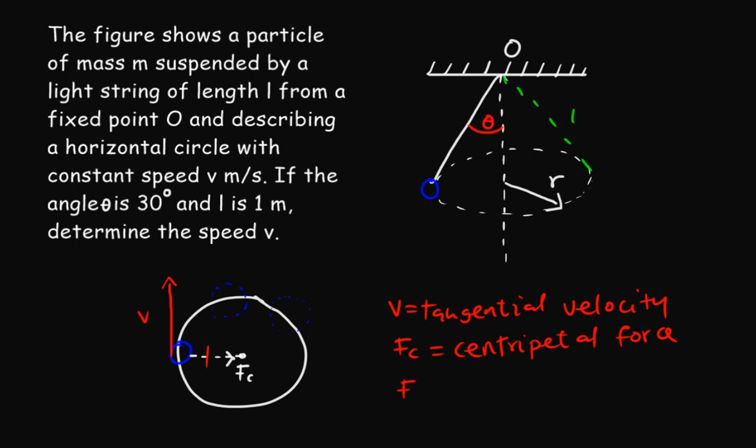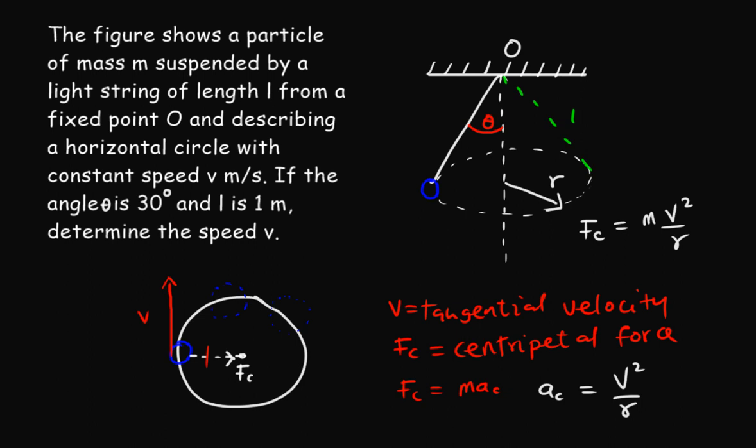So centripetal force will be equal to mass times centripetal acceleration, and the formula for centripetal acceleration is given as a_c equals v squared over r, where r is the radius of curvature and v is the velocity of the particle. Therefore, the centripetal force will be equal to mass times centripetal acceleration, which is v squared over r.